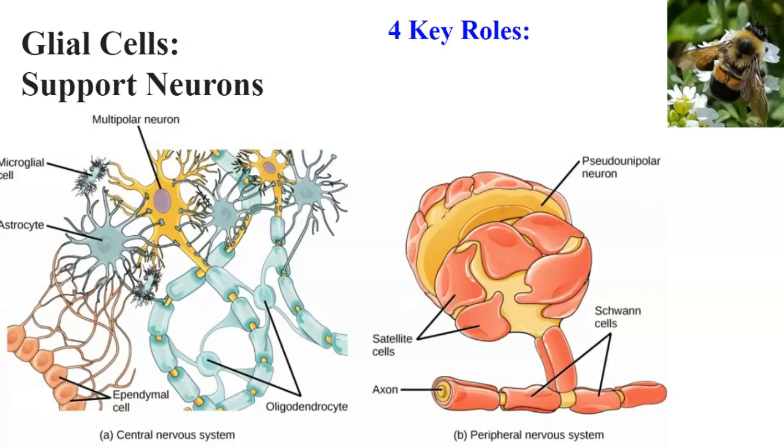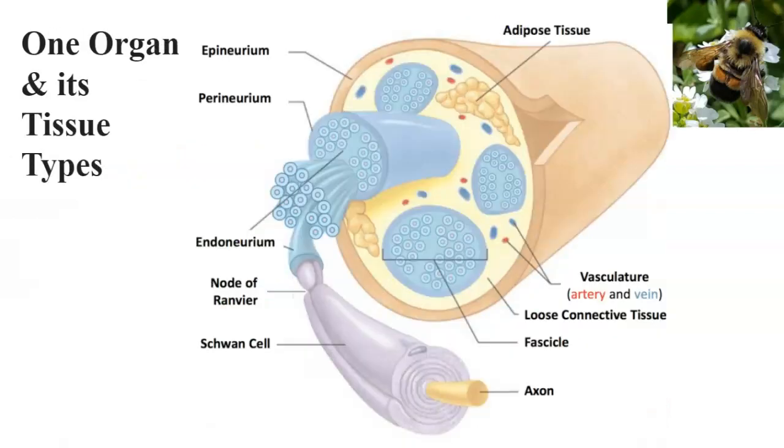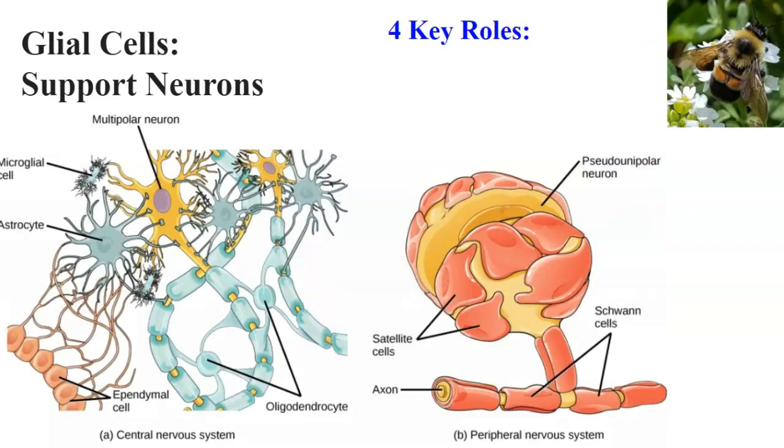So there are 4 key roles that are outlined by these special glial cells. Some of the neurons have a cell body that is vulnerable outside of its long axon, and so sometimes they're wrapped in what are called satellite cells and just give a little bit of support and nourishment.